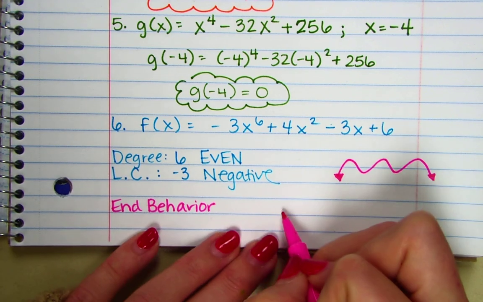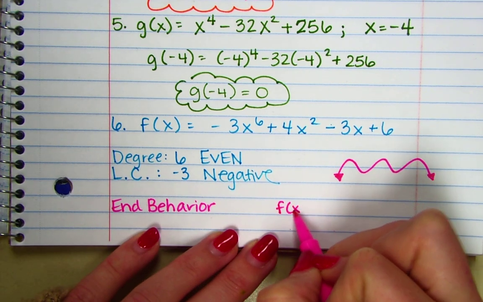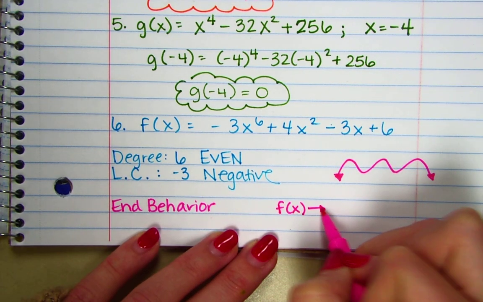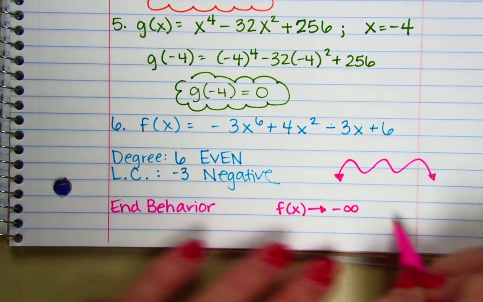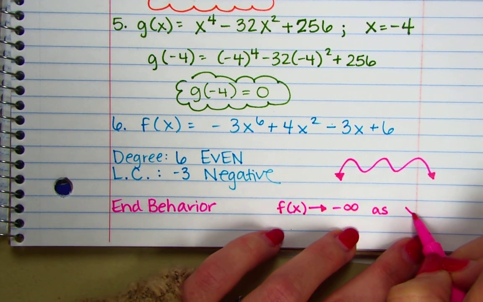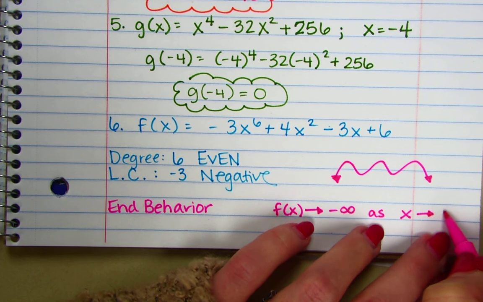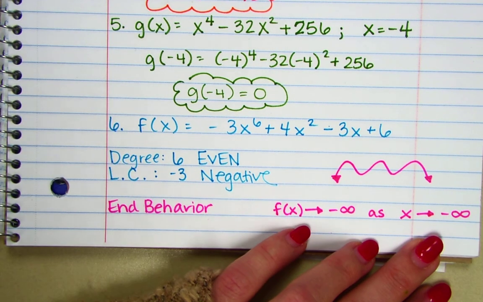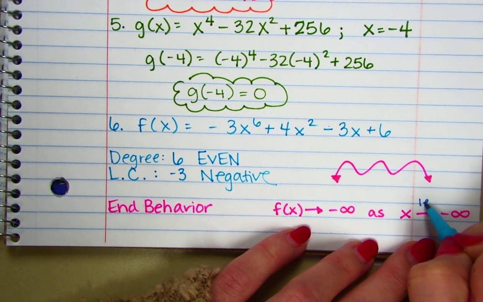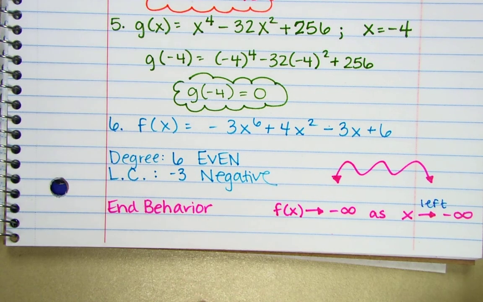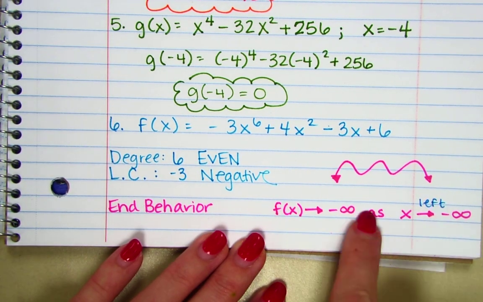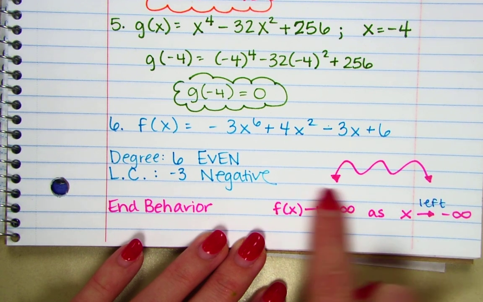Okay, and the way that you write that is the graph goes down to negative infinity as x goes to negative infinity, okay, which is the left-hand side. And that's this side. Left-hand side is x goes to negative infinity.